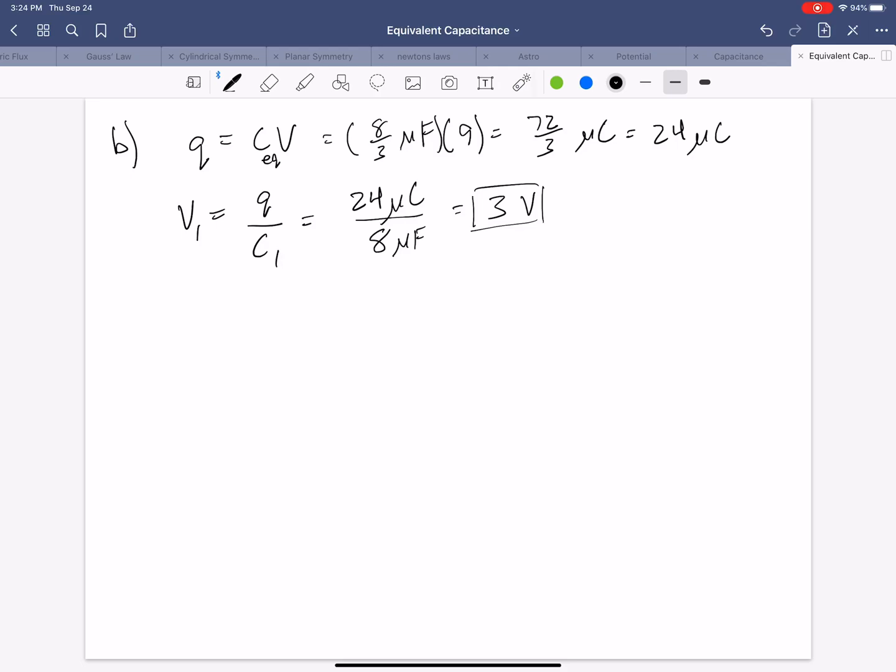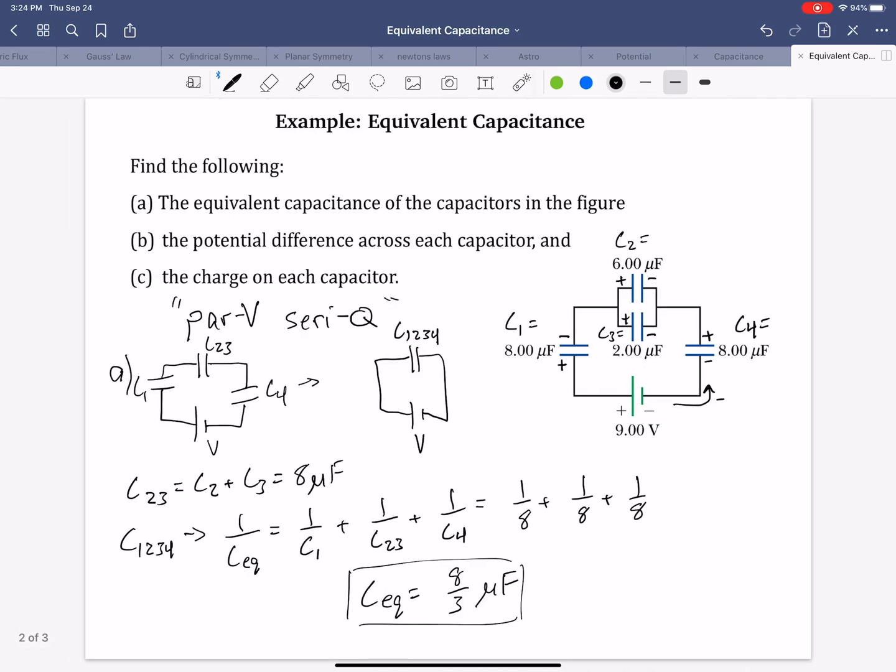For voltage 2 and 3, we have to be a little careful, right? We can't necessarily do it as straightforwardly as the first one. These are in parallel, right? They will have the same voltage because they're in parallel, and thus these are in series with the capacitor we just did.